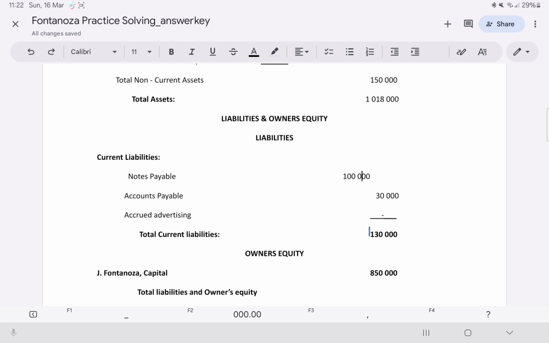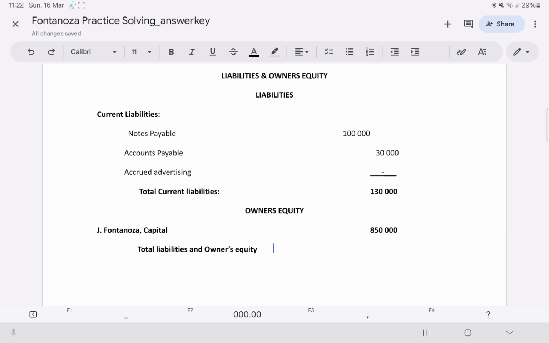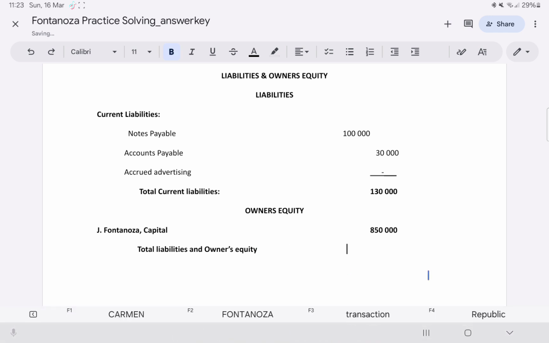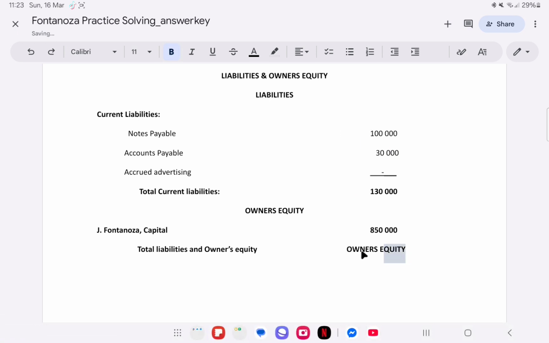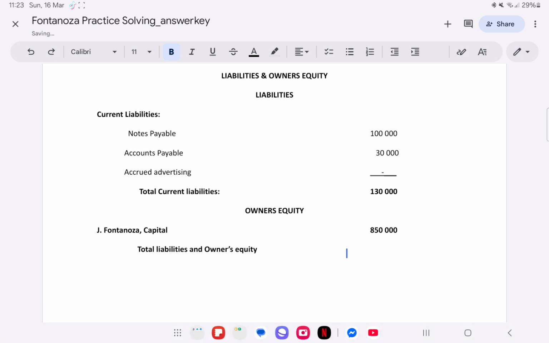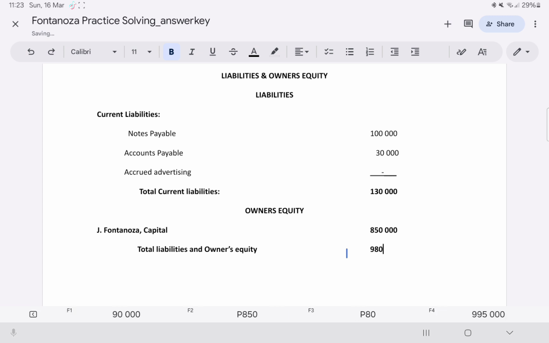So what's the problem? Try to calculate if it balances or not, and check where the error is. It is stated in the computation that it's 980,000, so try to analyze where you went wrong.